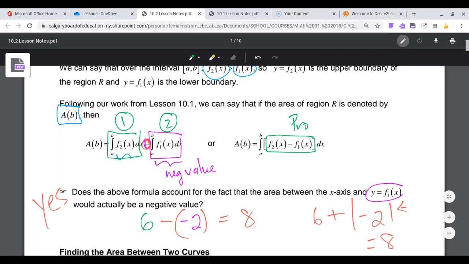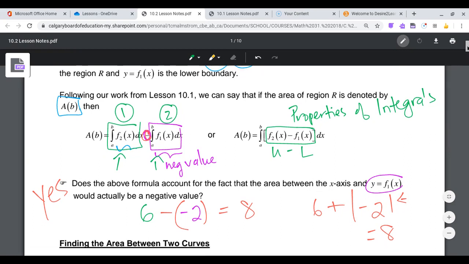So this is using my properties of integrals back in 9.1, if you wanted to go look back in the notes, and make one function first, and then you only have to integrate one function. Instead of having, in this method over here, you have to integrate it twice. But here, if we go upper minus lower and make our function first, then we only have to integrate the one. It's a little less work. I like this. This is kind of my preference. This is the one I'll probably do in the notes.